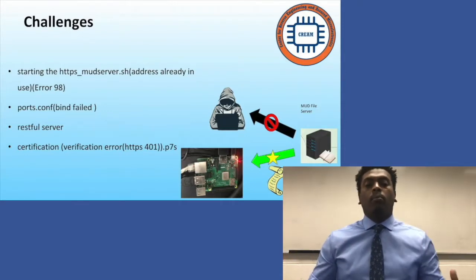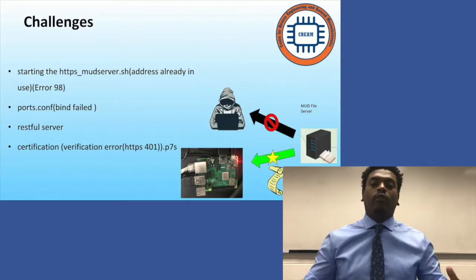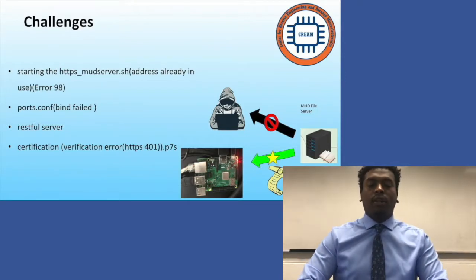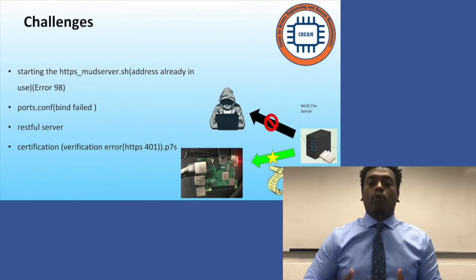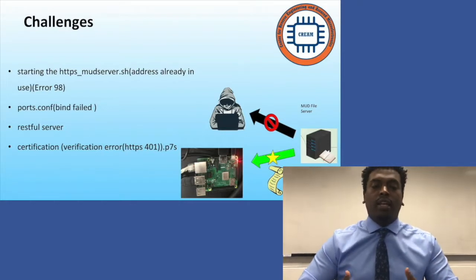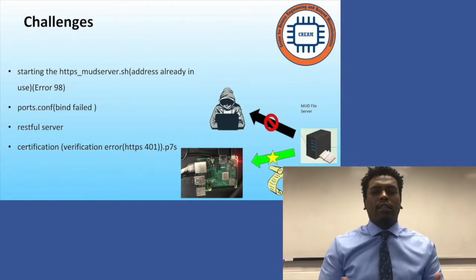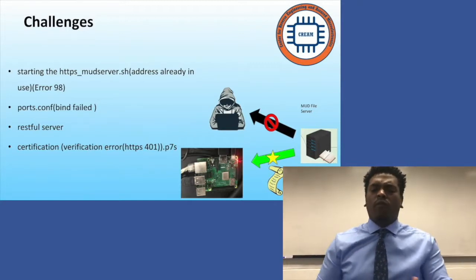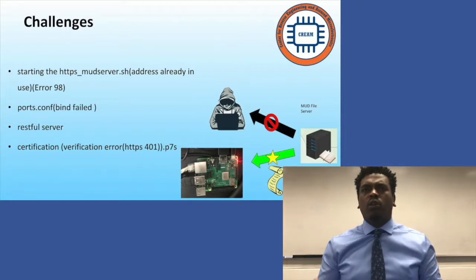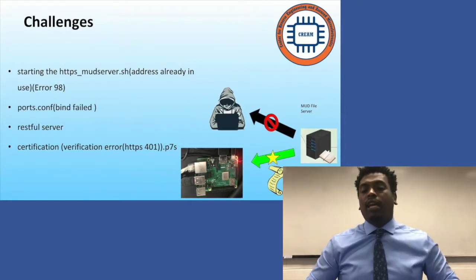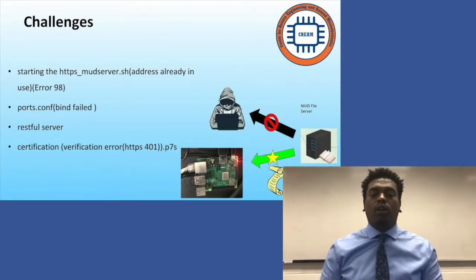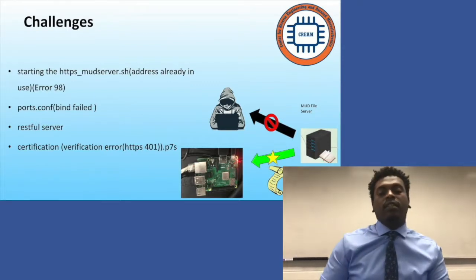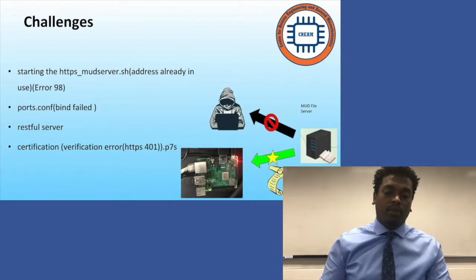Both of our servers were listening on the same port, so whenever we asked our HTTP server to start, it said the port has already been used, so it cannot be started. This problem persisted for more than a day or two, and we didn't understand what was going on. After several readings and mentor help, we were able to understand that they were listening on the same port, and we needed to separate those ports.